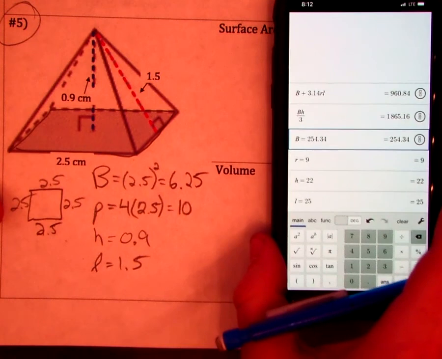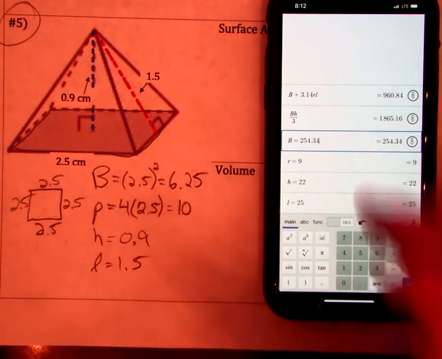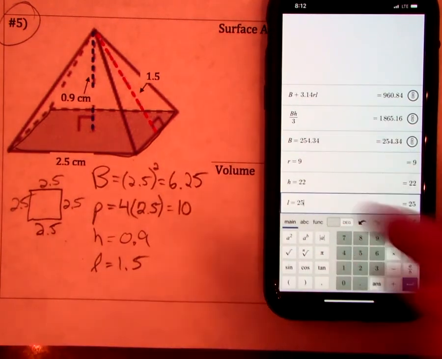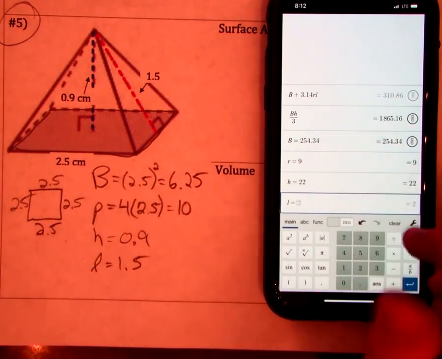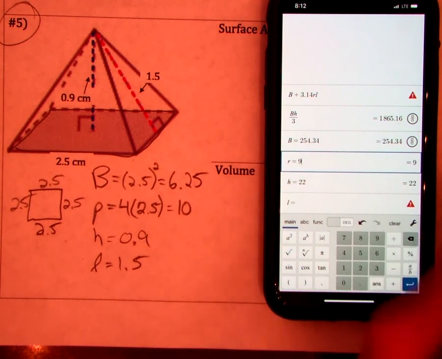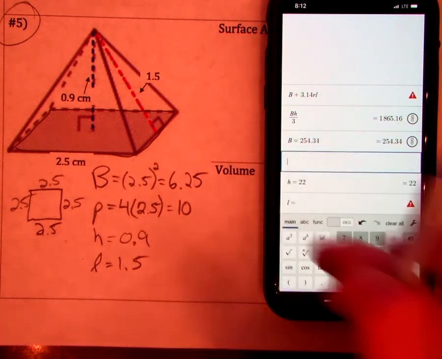I may want to clear some of these out for ourselves, and keep it a little bit simpler, so I can back up a couple of these. So I don't need R, however, I do need the perimeter of the base.